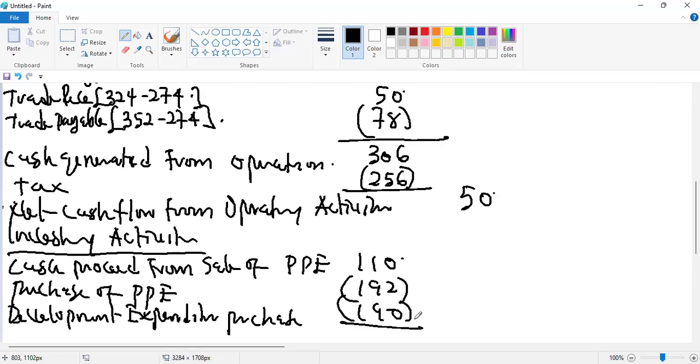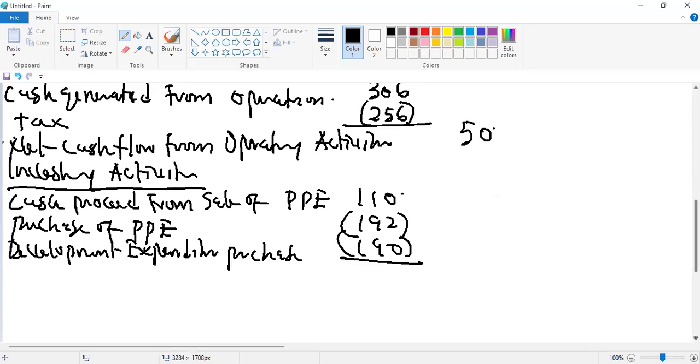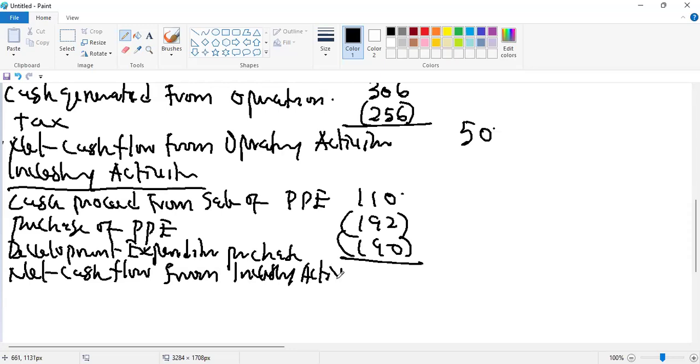I'll just go to the question. Sum it. Because it's buy and sell, they report intangible development expenditure and PPE. PPE, they buy, they sell. Development expenditure, they only buy, they do not sell. I will now sum it up. This is the net cash flow from investing activities.